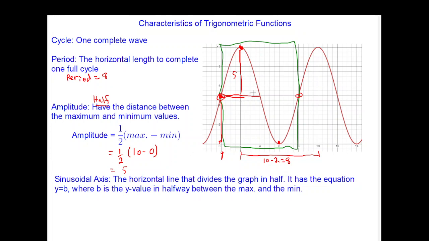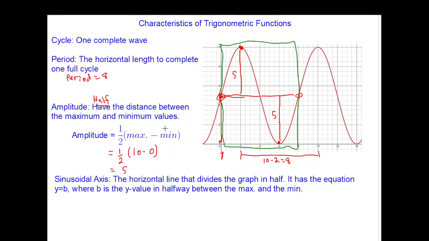Again, we can measure that amplitude either from the center to the max, or from the center to the min. So here we would get a distance of 5. From 0 up to 5 is 5. From 5 up to 10 is also 5. Now this one happens to be pretty easy because our minimum happens to be at 0. But if it weren't at 0, we would just subtract whatever that minimum happens to be.